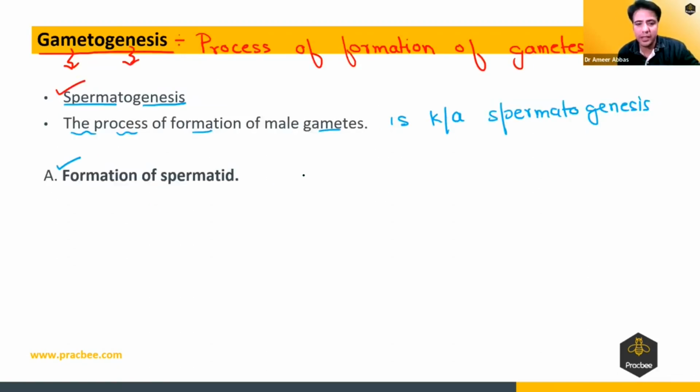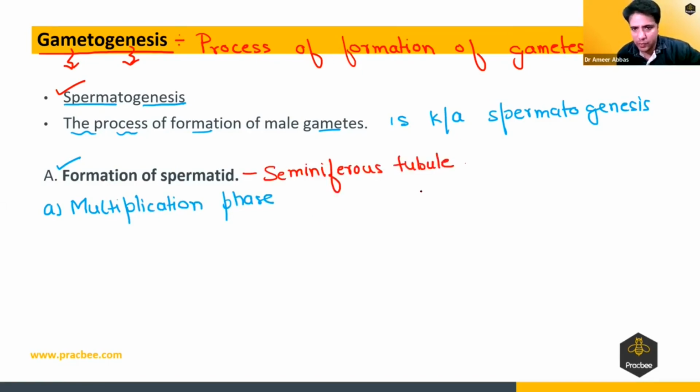We have divided this into three phases. Number one is the multiplication phase. Let's remember where it is going to happen. It will occur in the seminiferous tubule. Suppose this is the lining of seminiferous tubule.